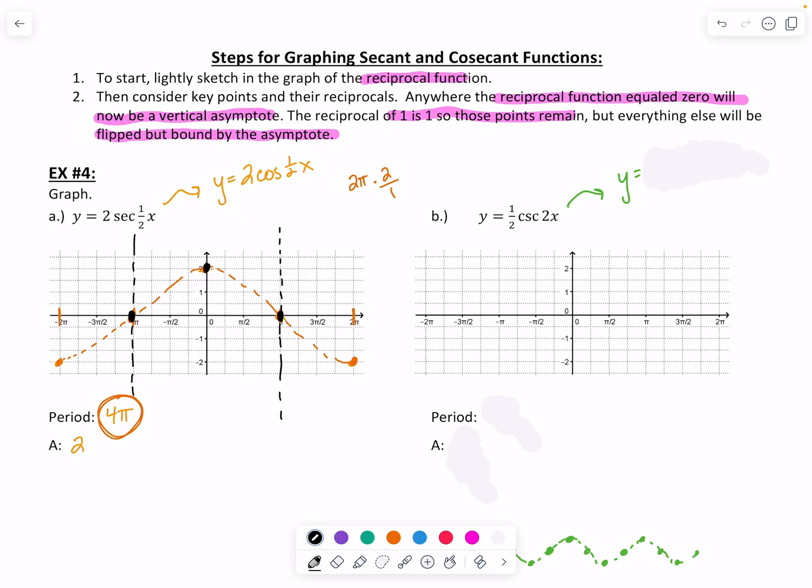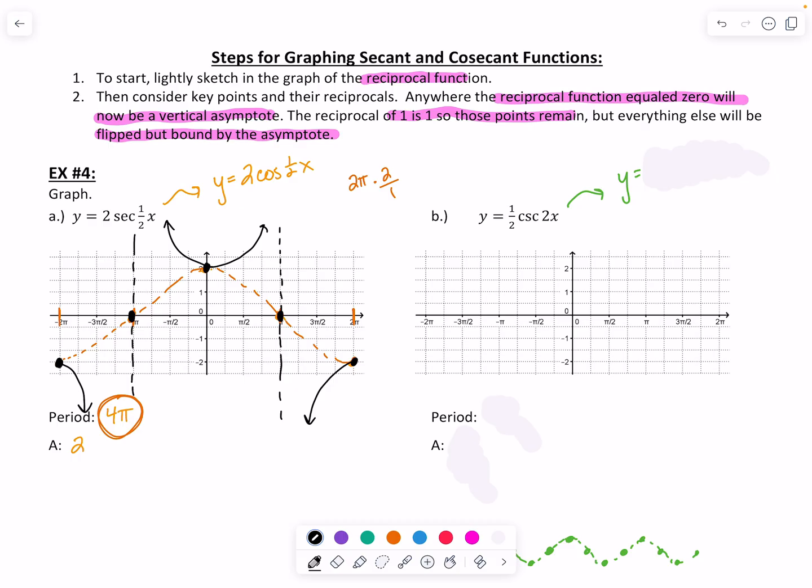We're still going to stay there, but this time it's going to be flipped and bounded by these asymptotes, right? So here I'm going to be flipped but bounded by the asymptote. Here is my other point at negative 2 pi, and I'm going to be bounded by these asymptotes. So this would be a full cycle of a secant graph with the equation y equals 2 secant 1/2 x.